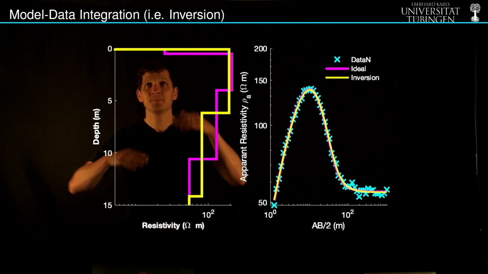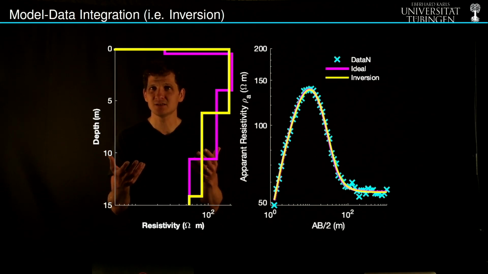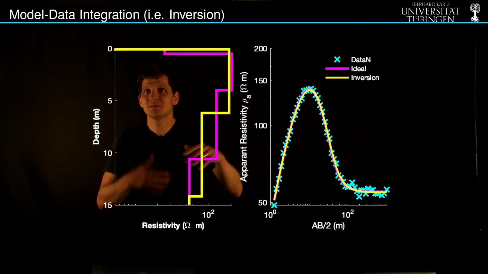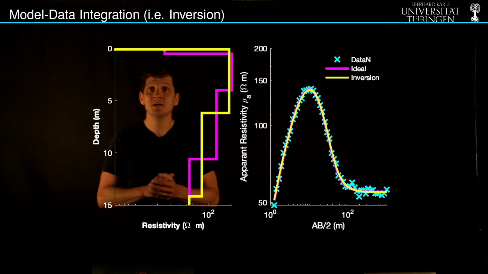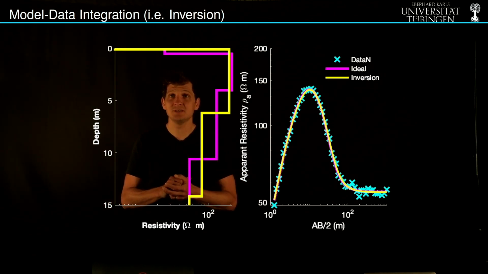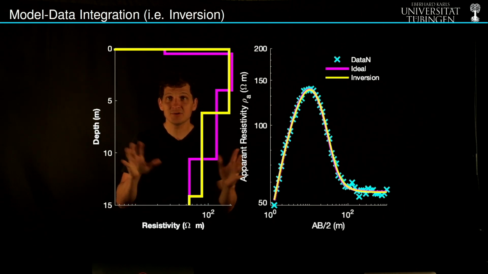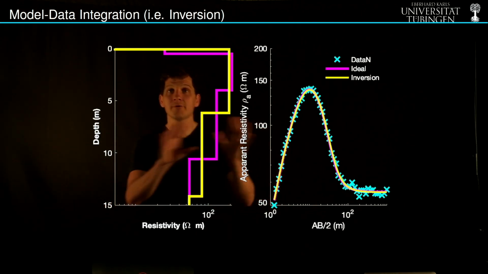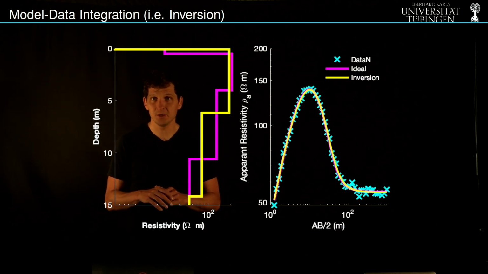You can have a thinner but more resistive layer, or a thicker but less resistive layer, and this could lead to almost the same apparent resistivities measured at the surface. But nevertheless, this inversion provides you with a very rigorous way of inferring a subsurface model from the observations.